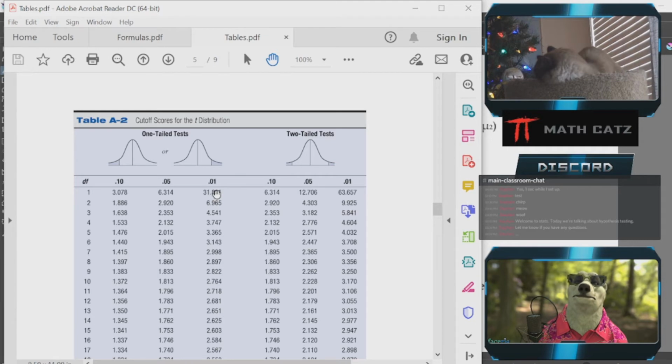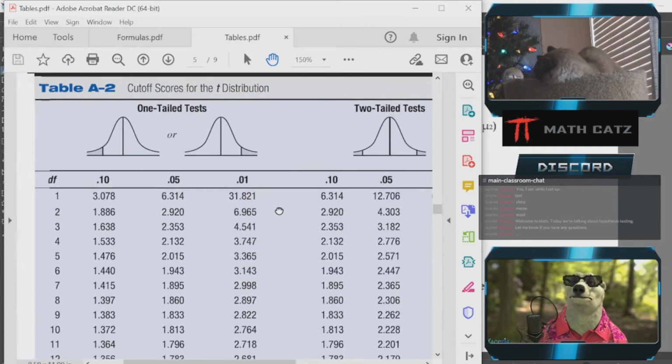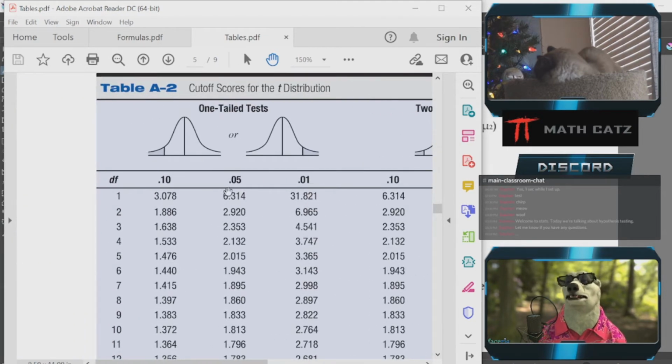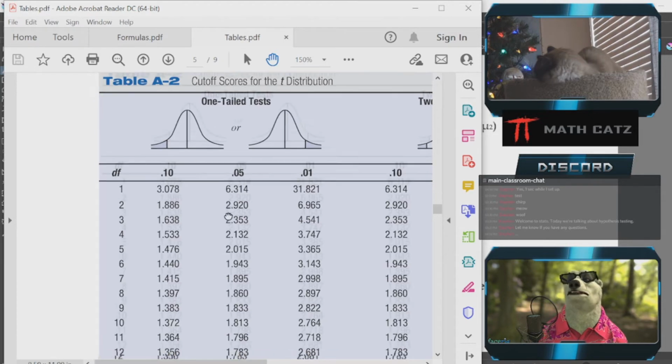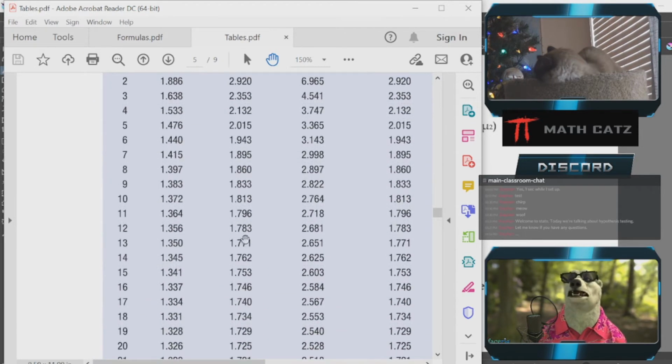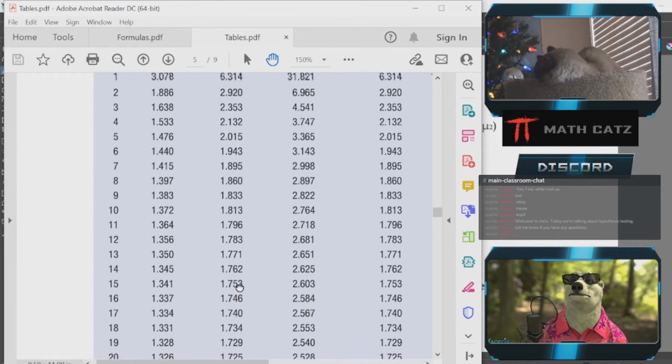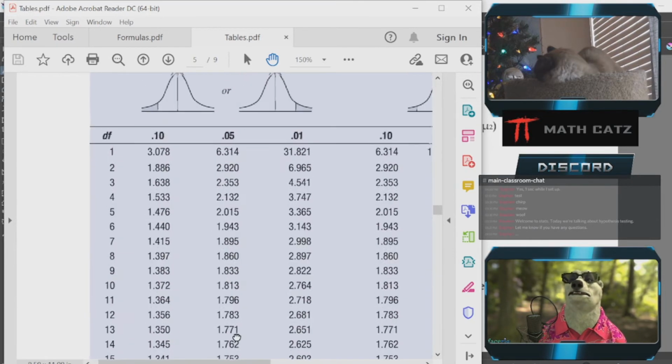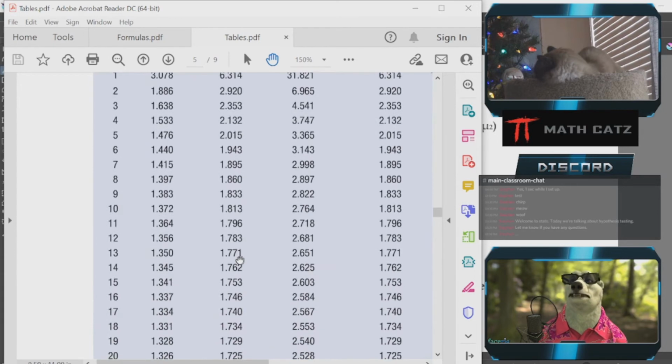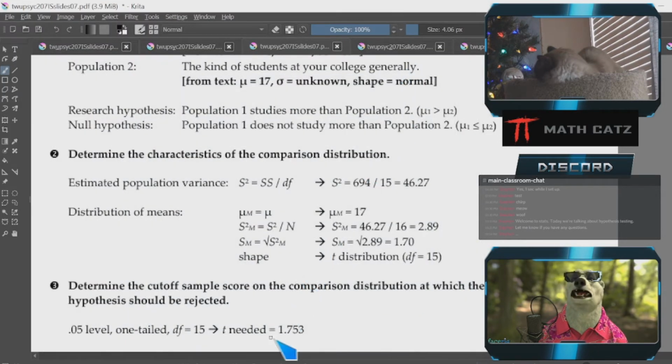Let's see if I can just zoom in on that a little bit. It's a one-tailed test, 5% alpha, 15 degrees of freedom over here. 1.753.